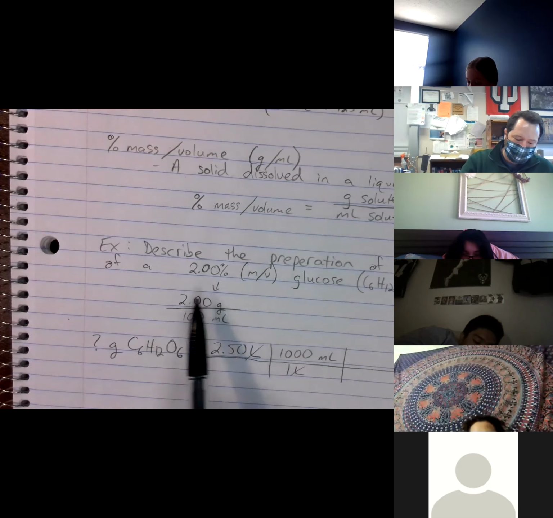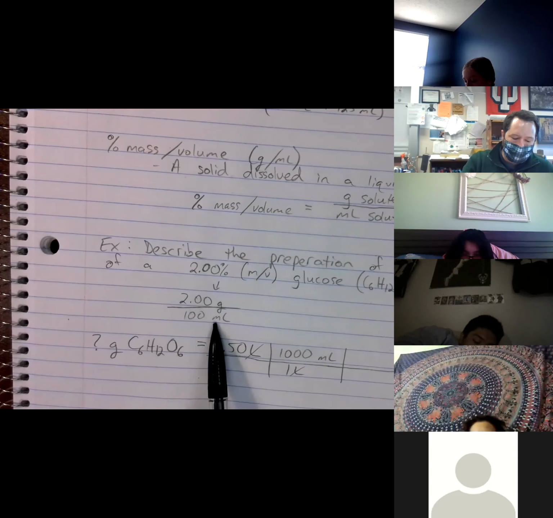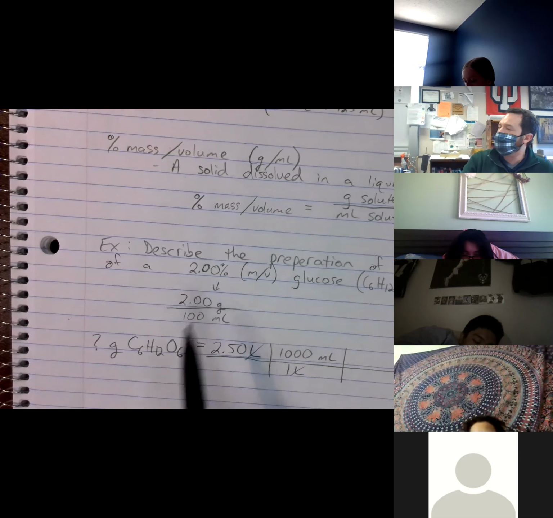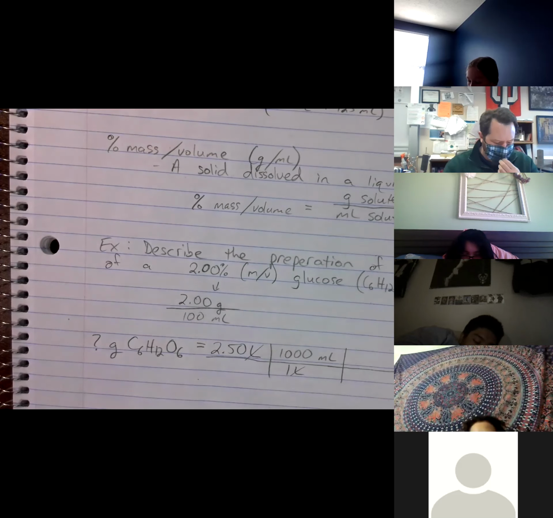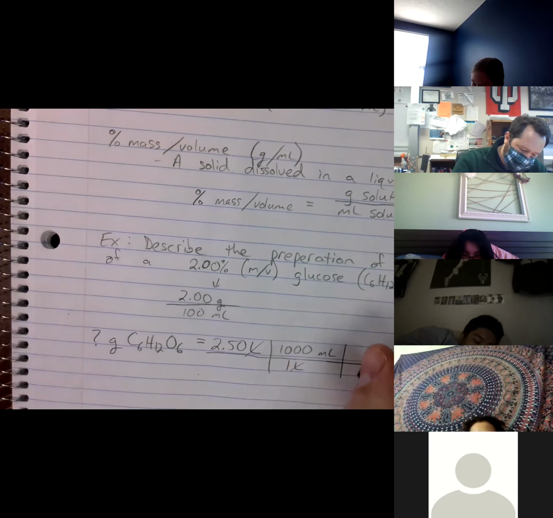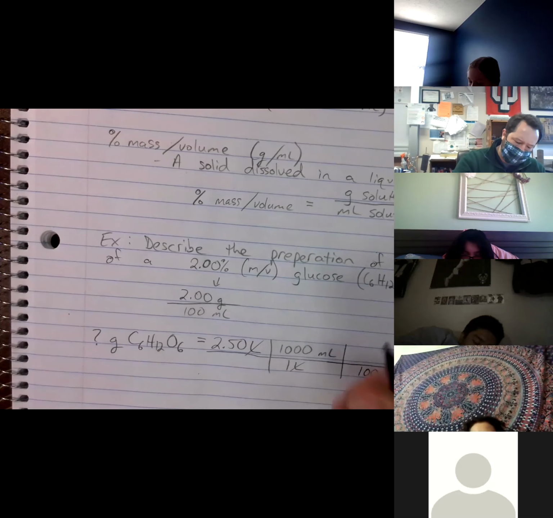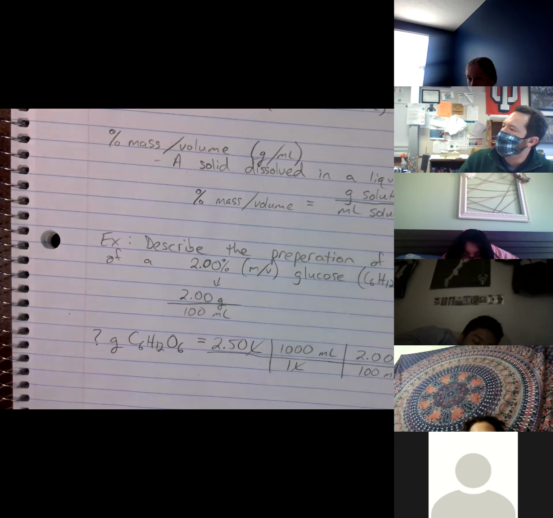Now we can use our 2%. Our 2% allows us to convert from milliliters into grams. We just have to make sure we get our units lined up correctly. We want milliliters on the bottom. So there's our milliliters on the bottom and 2 grams on top. How do we know it was grams?